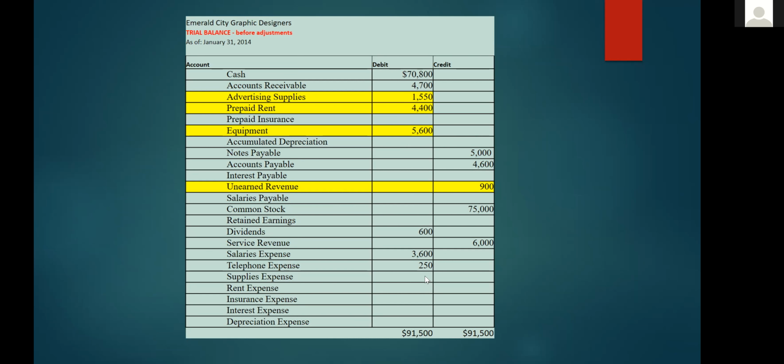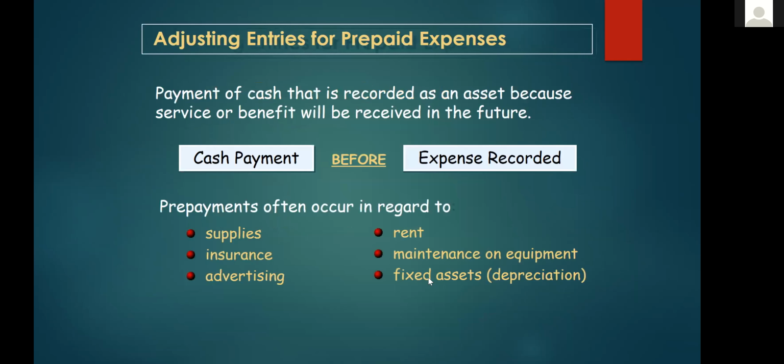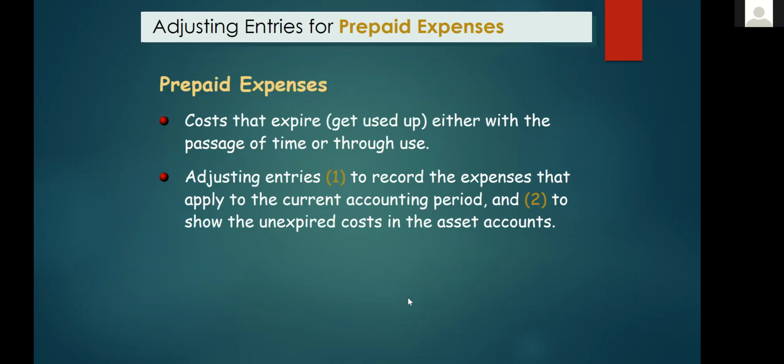Okay, all right. So prepayments occur with supplies, could be insurance, could be rent, advertising, supplies, maintenance on equipment, fixed assets. So we look at the prepaids and we say, we bought this stuff. Has any of it expired or been used up?